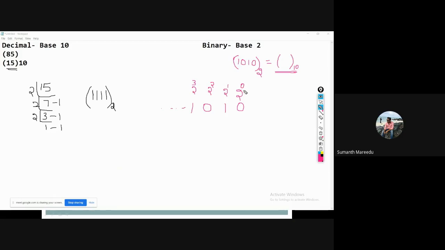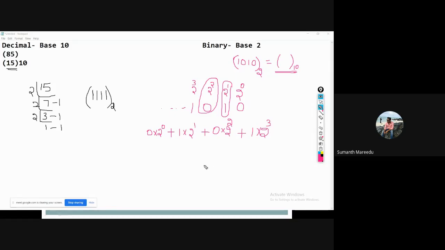First, 0 into 2 power 0, plus next consider this term, 1 into 2 power 1, plus next this term, 0 into 2 square, plus 1 into 2 cube.